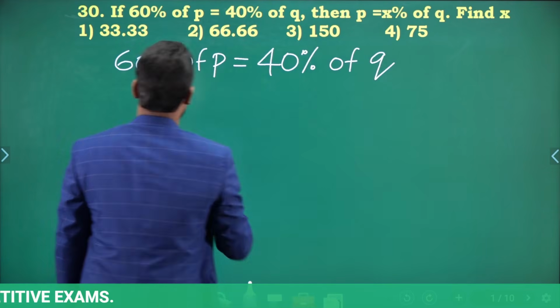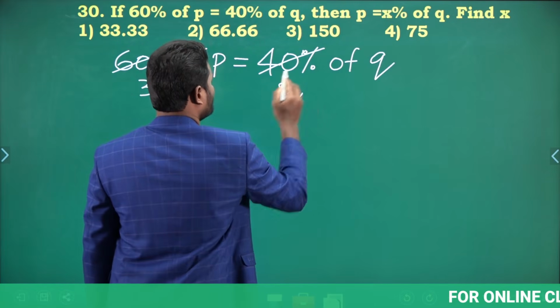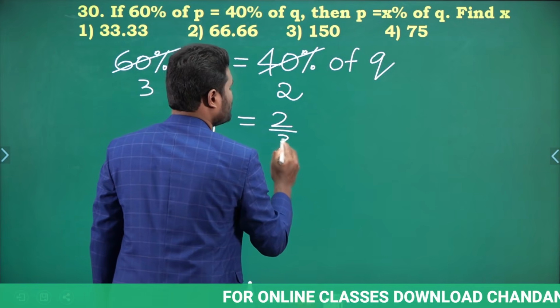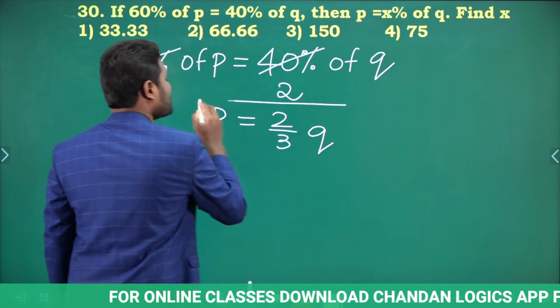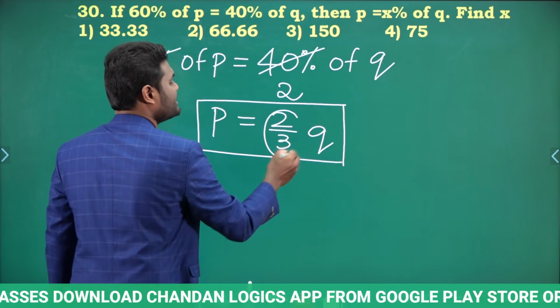Now when you simplify this, 20 cancels here 3 times, 20 cancels here 2 times. So you can say that p is equal to 2 by 3 q. When I say p equal to 2 by 3 q, what does 2 by 3 represent?